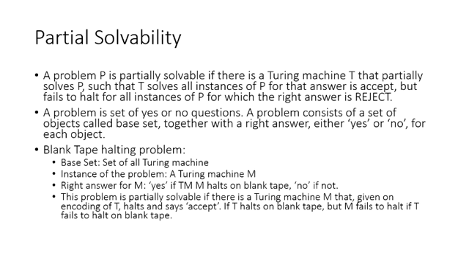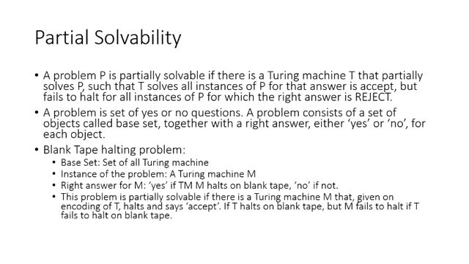So this problem is partially solvable if there is a Turing machine, given the encoding of T, that halts and says it is accepted, because the entire tape is filled with blank symbols only. For a particular sequence of reading, it gets into a halt position and says it is accepted because it consists of blank symbols.